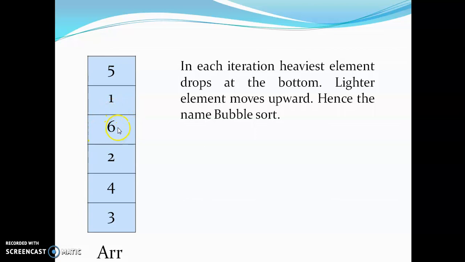So the 6 should reach the bottom, and the next highest element is 5. 5 should reach this position, and the next highest element is 4. 4 will reach here. Then 3 will reach this position, 2 will reach this position, and 1 will reach the topmost position. So as the heaviest element drops to the bottom, the lighter element moves upward.